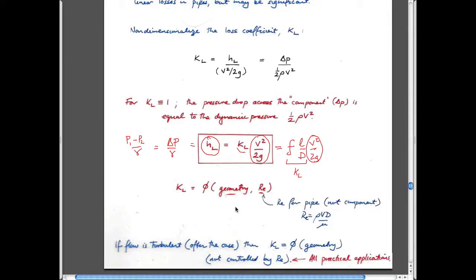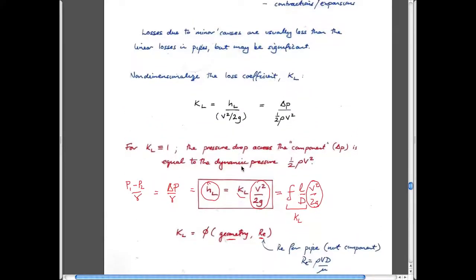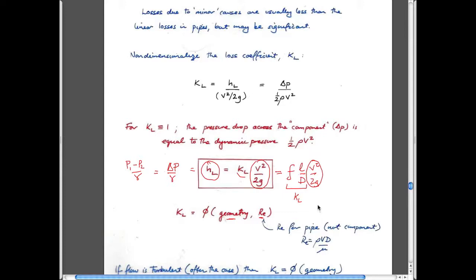But usually, this loss within a fitting is given just as a number. It's not given as a Moody chart. And the reason for that is there's an assumption that the Reynolds number is greater than that needed for turbulence.